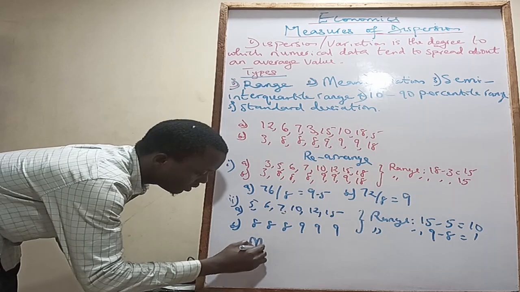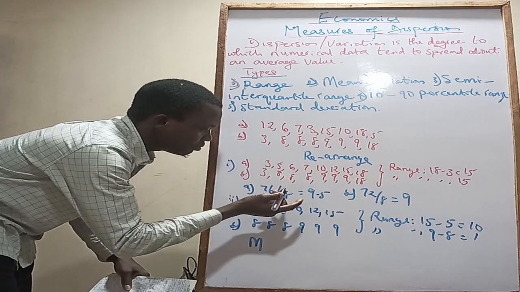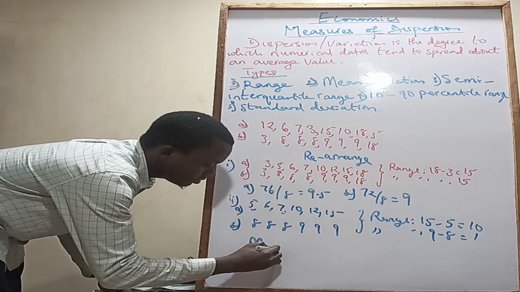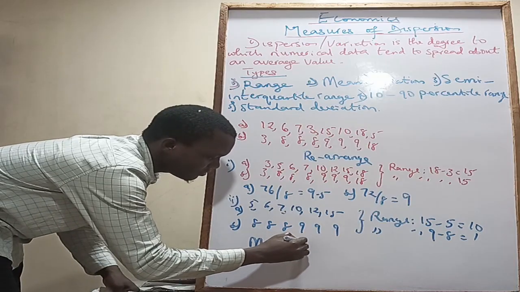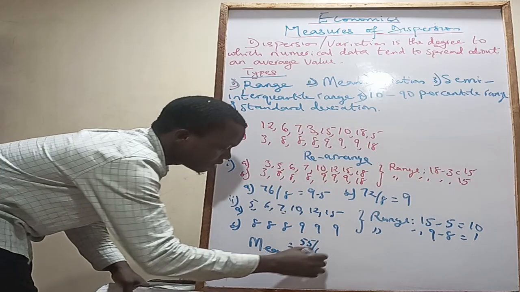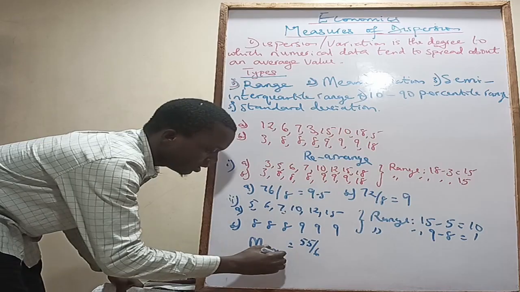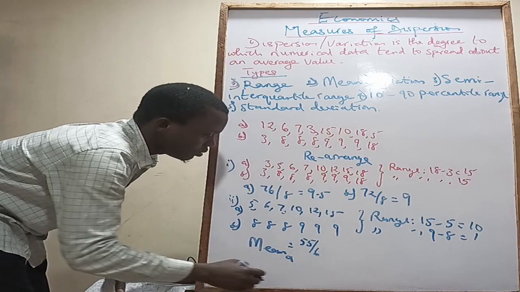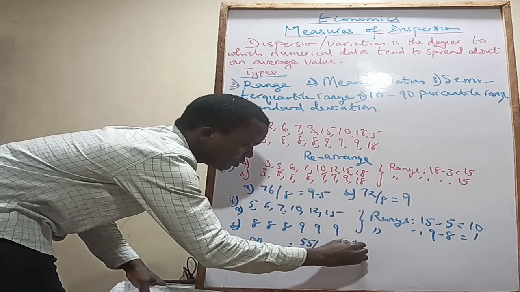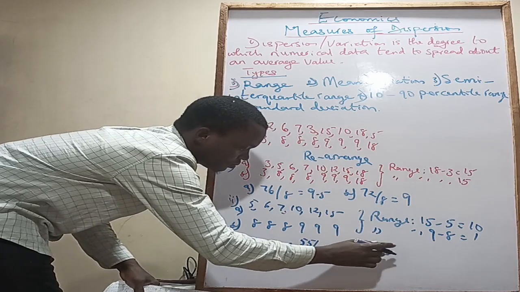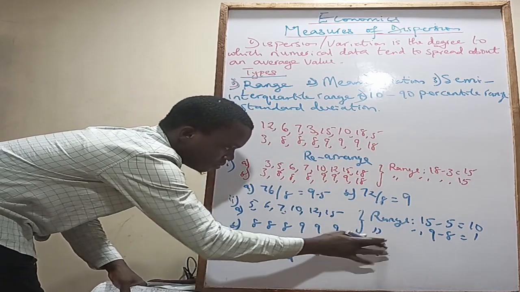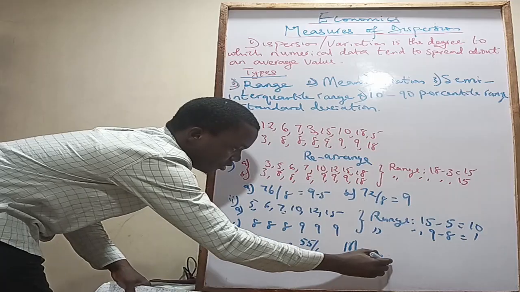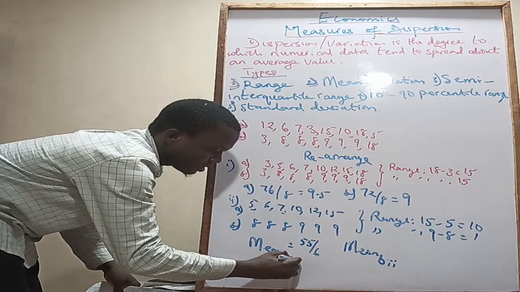So the mean, let me call this M. The mean of A is 55 over 6, and then the mean of B.